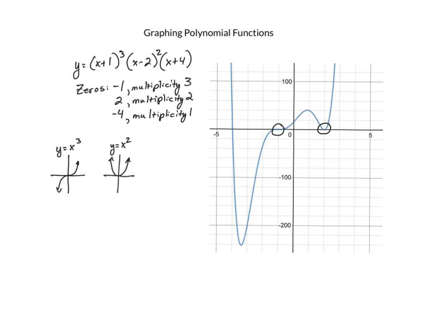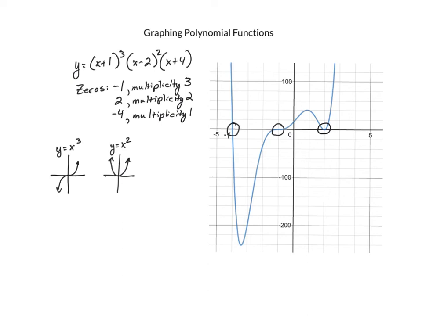And right over here at -4, we're talking about something that is first degree. We know a first degree polynomial is just a line. And notice, if you look at it closely, it is not a line, but it kind of looks like a line. So the multiplicity does tell us something about how the graph goes through the 0 or touches the 0.